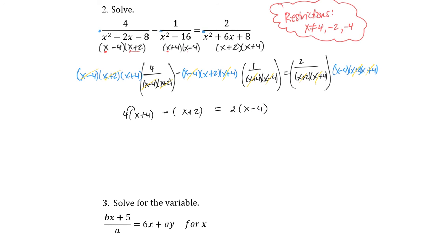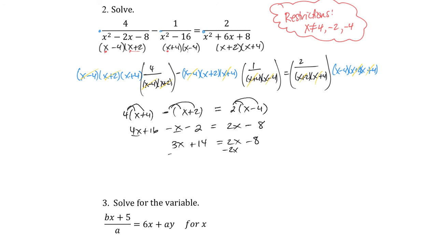Just do some distribution here, and we can go ahead and solve. So we've got 4x plus 16 minus x minus 2 equals 2x minus 8. And combining like terms, we would get 3x plus 14 equals 2x minus 8.